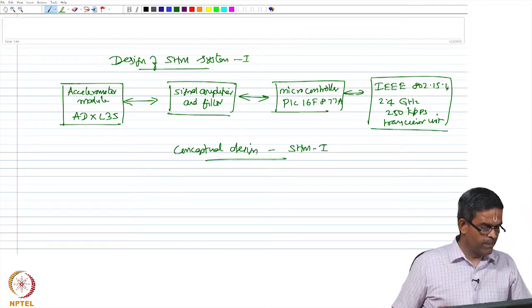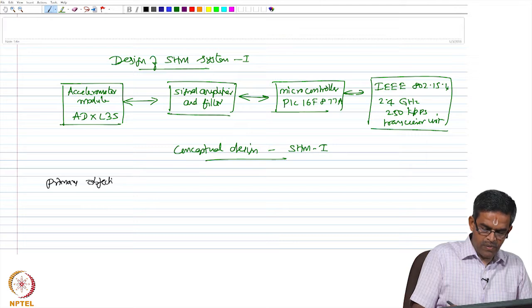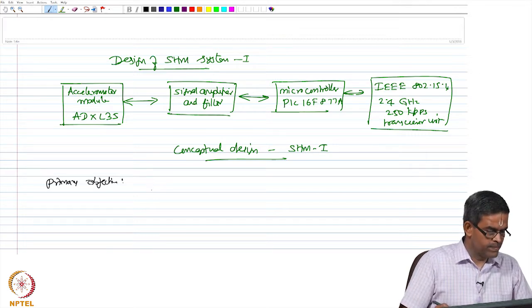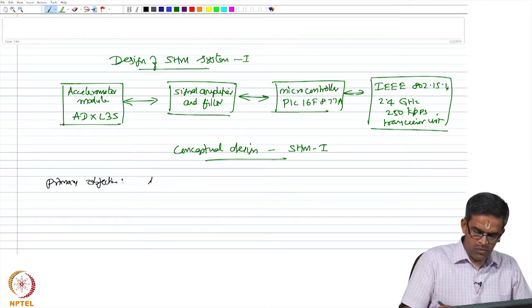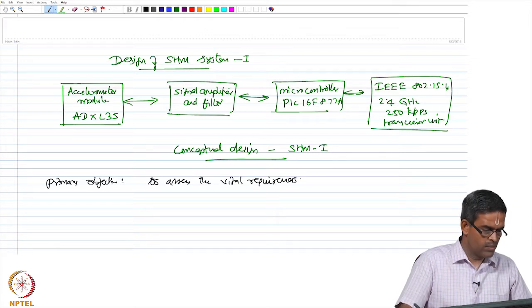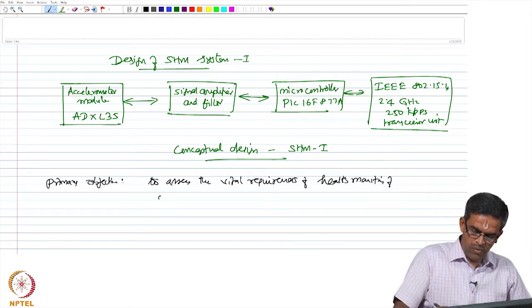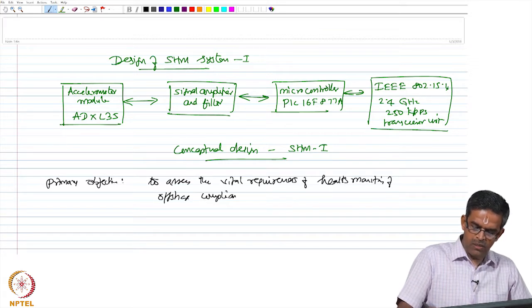Okay. So, the primary objective of this design is to assess the vital requirements of health monitoring, of let us say offshore compliance structures.